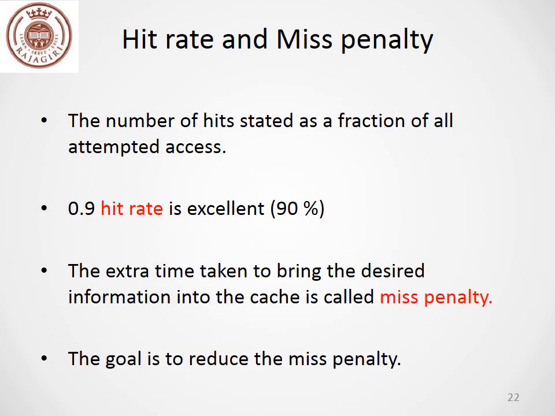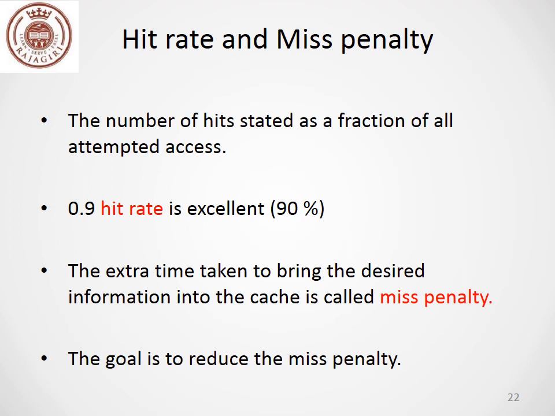Two other values which can be used to determine the performance of a cache memory are hit rate and miss penalty. Hit rate is defined as the number of hits stated as a fraction of all the attempted accesses. That is, when I'm trying to access a word from the cache memory, what is the chance that I will be able to access the word from the cache at the first access itself?